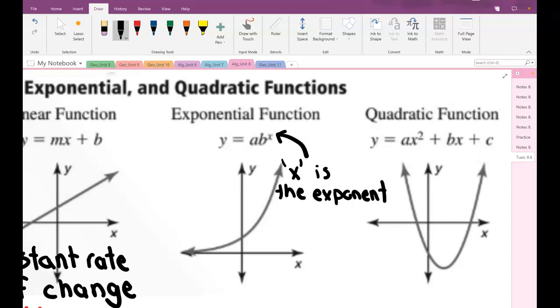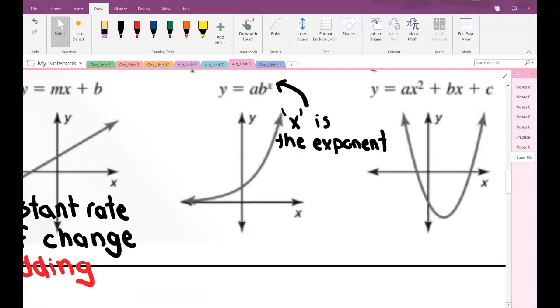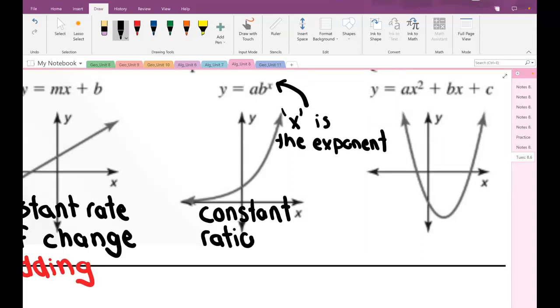Instead of looking for a constant rate of change, what we look for is a constant ratio. That means your outputs are being multiplied by the same amount each time.